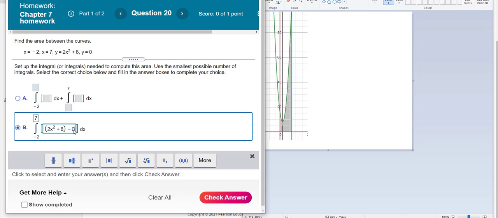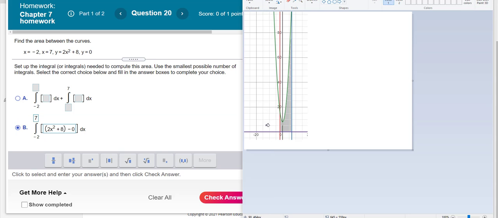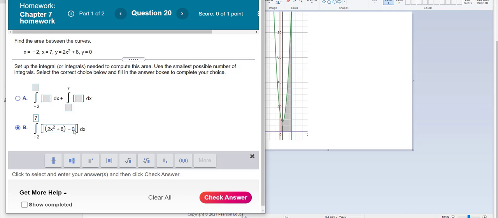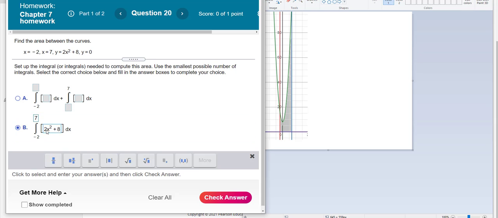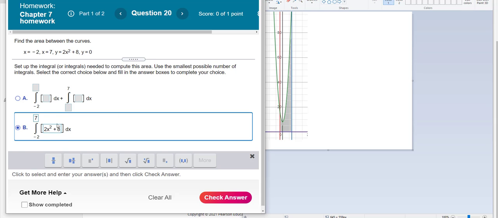Clearly, I don't need to put a -0 here. But let's just say that the purple line was not at 0 and it was at 1 instead. You would have to put -1. But because it's at 0, I don't have to put anything. So I need just one integral to do this. And I don't think I need these parentheses because they put the brackets in there for me. So we're saying take the integral from -2 to 7 of 2x squared plus 8.